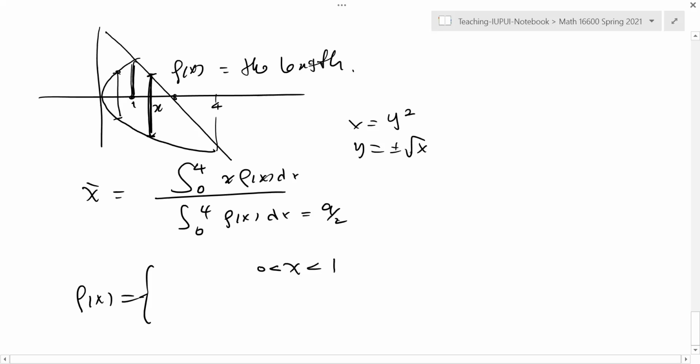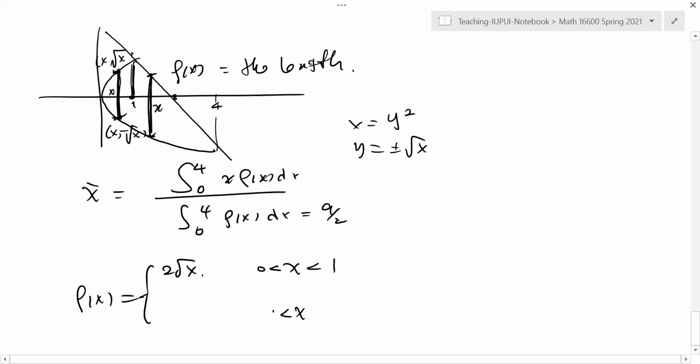That's 2 pieces here, so it will be double square root of x. For the same x, the lower part will be negative square root of x, the top part will be positive square root of x, so the length is going to be double square root of x.